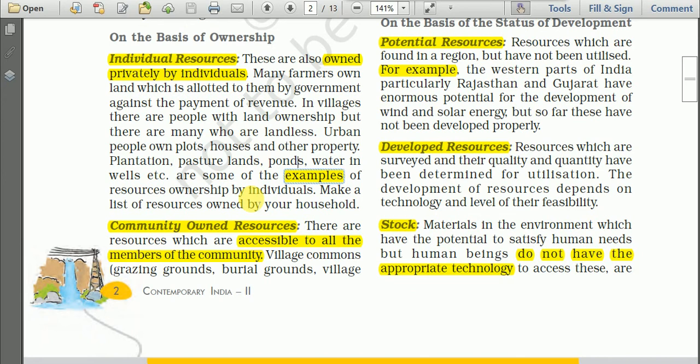Remember, resources owned privately by individuals are known as individual resources, for example agricultural fields, private ponds, private wells, private farms, and plantations.